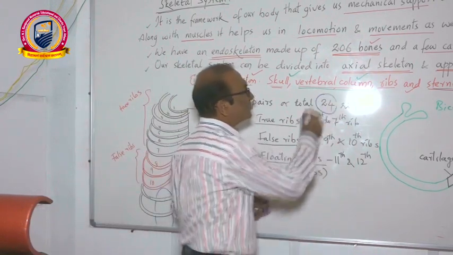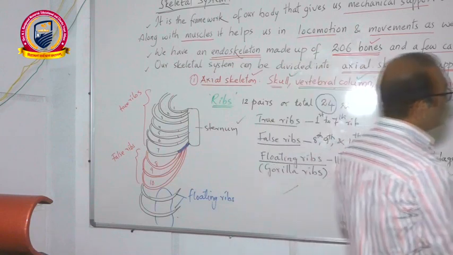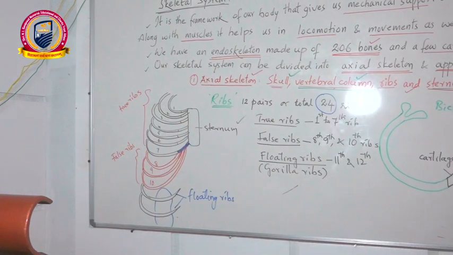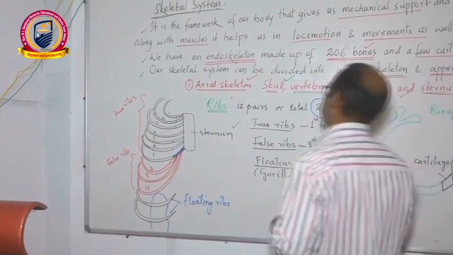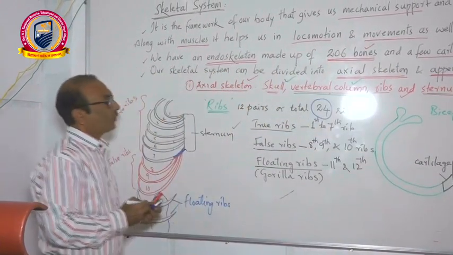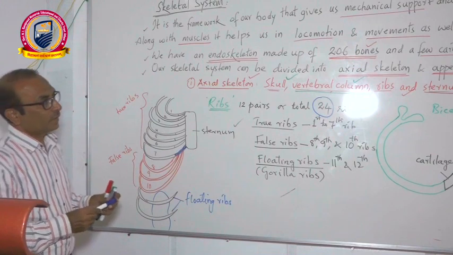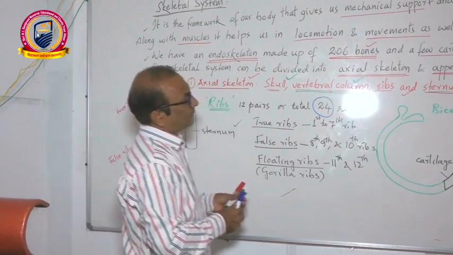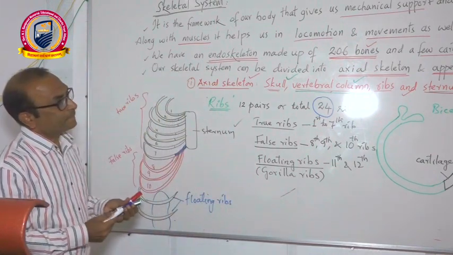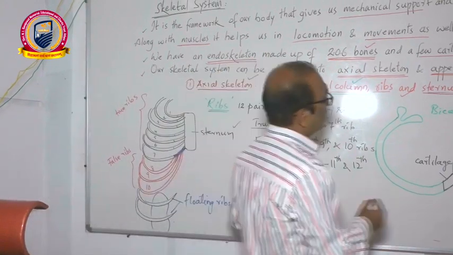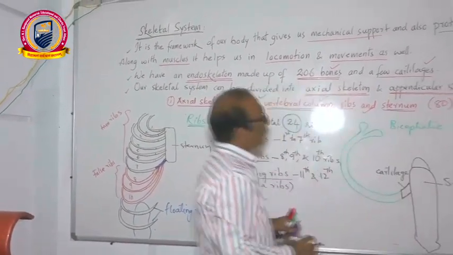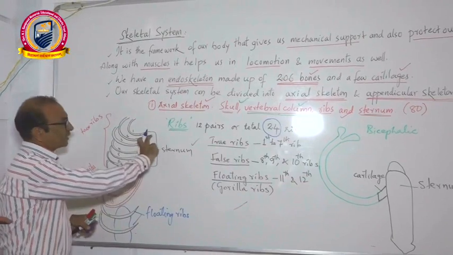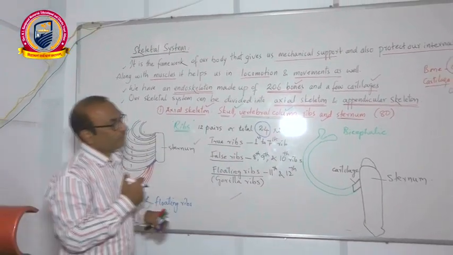So the number of bones in ribs, if you take up, 24 ribs we have got, and then the sternum, only one piece of bone it is, also called the breastbone in front.